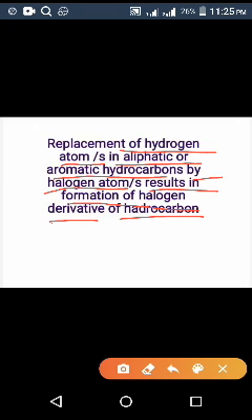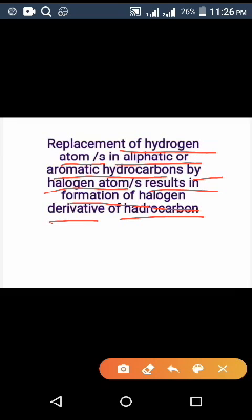One of the hydrogens of methane is replaced by chlorine to form methyl chloride. If two hydrogens are replaced, then methylene dichloride is formed. If three hydrogens of methane are replaced, then chloroform is formed. And if four hydrogens of methane are replaced, then carbon tetrachloride is formed.